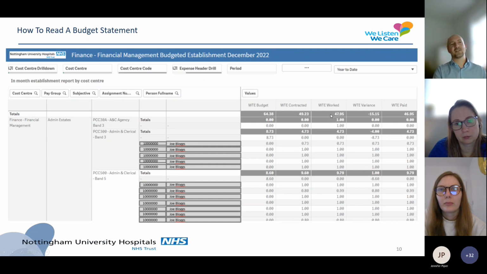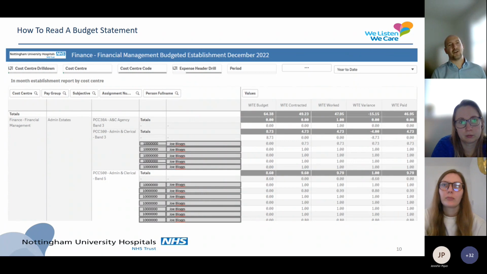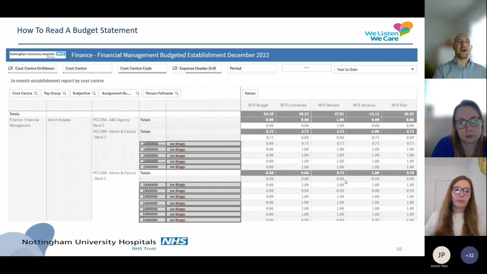If I've only worked 4 days a week during the month because I've had a period of sickness or whatever, or perhaps I've done some overtime, say a day a week, I'll show up as 1.2 in the worked. So that shows you what your staff are actually working as an equivalent to one whole-time equivalent. And then the variance essentially is the difference between what's worked and what's budgeted.